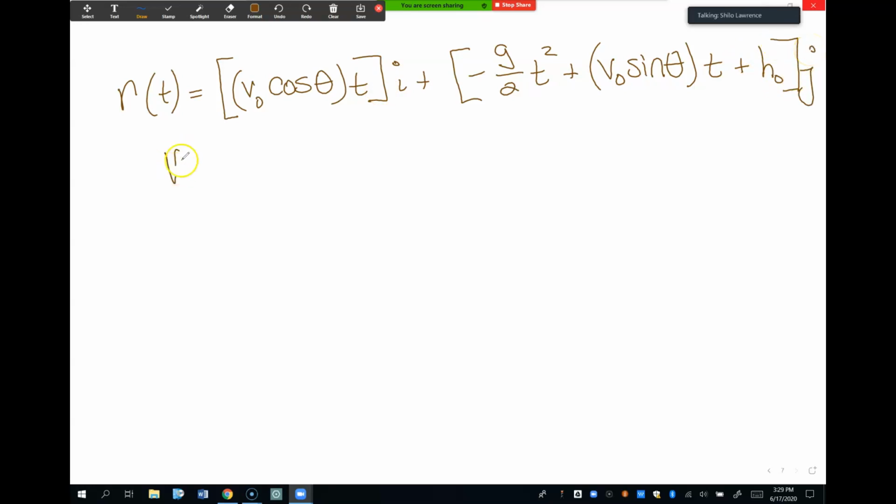This is the vector valued function for two-dimensional projectile motion.